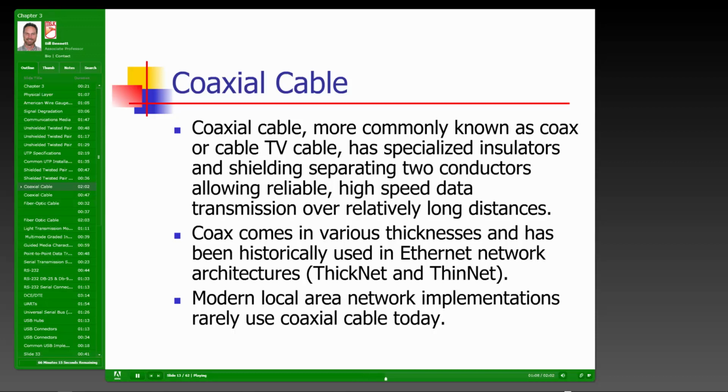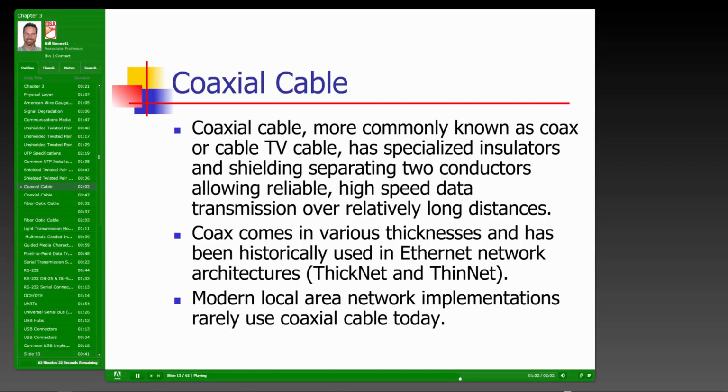The thick net was basically backbone, so it would go between buildings or between rooms, and then thin net was used to actually connect the computers to some sort of a hub, and then the hub was attached using vampire taps, they called it, to the thick net cabling that again ran between the rooms or the buildings.